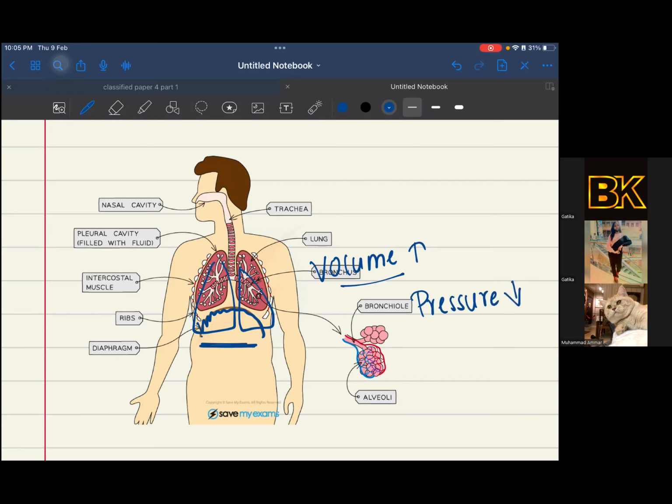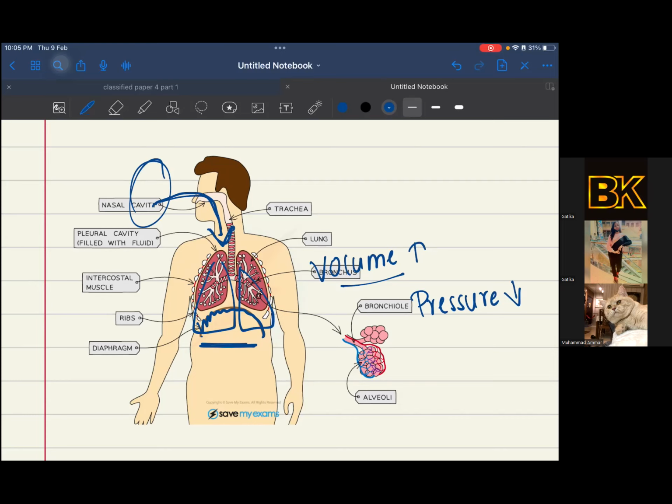So this leads to the decrease in the air pressure inside the lungs compared to the outside atmosphere. When that happens, the air comes into our body. Basically, we're talking about inhalation.